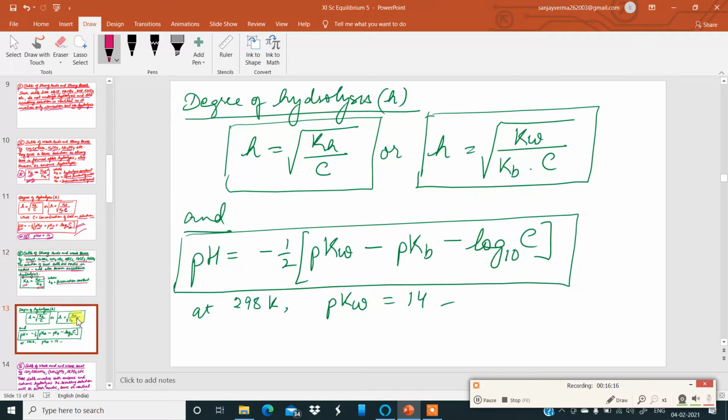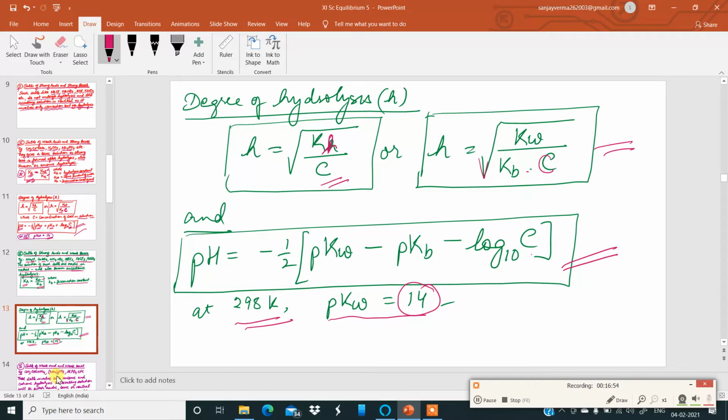Moving to the other formula under this heading, degree of hydrolysis h equals root under KH by C, or h equals root under Kw by Kb into C. And similarly, the pH for such salts of strong acid and weak base can be calculated by this formula: pH equals 7 minus half pKb minus log to the base 10 C, and we know pKw at 25 degrees Celsius has the value 14. So put the value over there and get the answer.